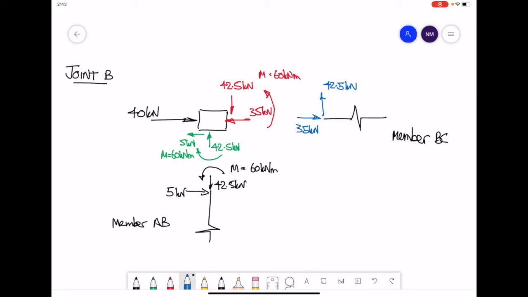Anti-clockwise 60 moment means you must have a clockwise moment of 60 going into the next member. Taking these 3 forces, moments, we can take that along with the next member and its loading to apply equilibrium and hence work out the forces involved on the next member.